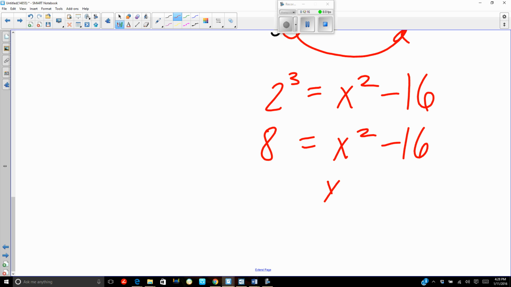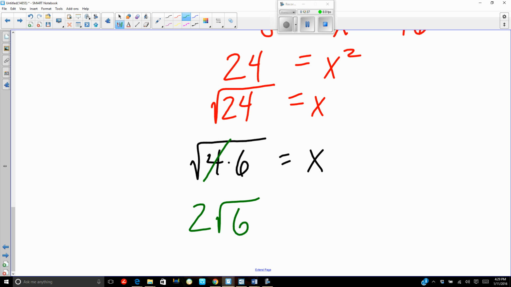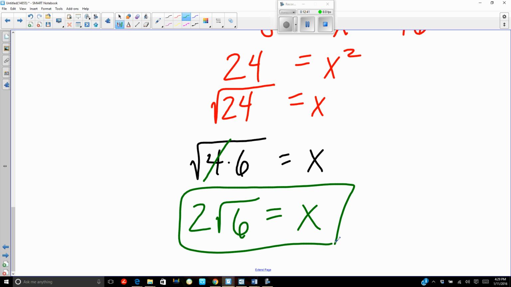Add 16 to both sides. Take the square root of both sides. And then simplify that radical. Use a factor tree or use the method I showed you, whichever method works. So that's your final answer. That's what should go in the box for this particular question.